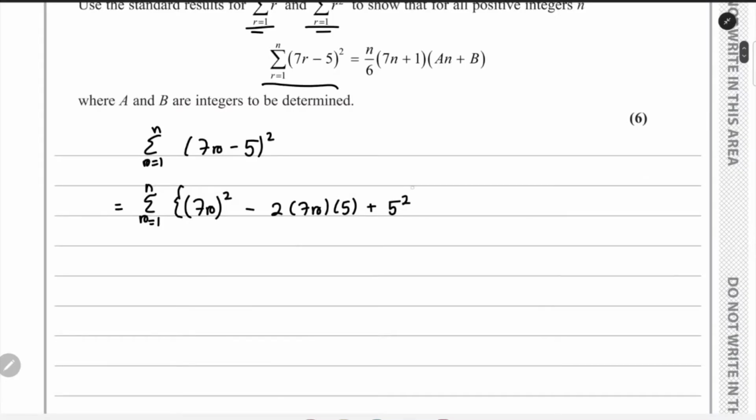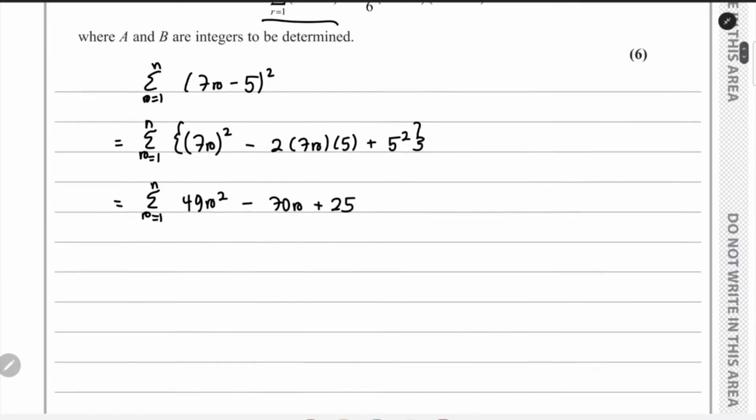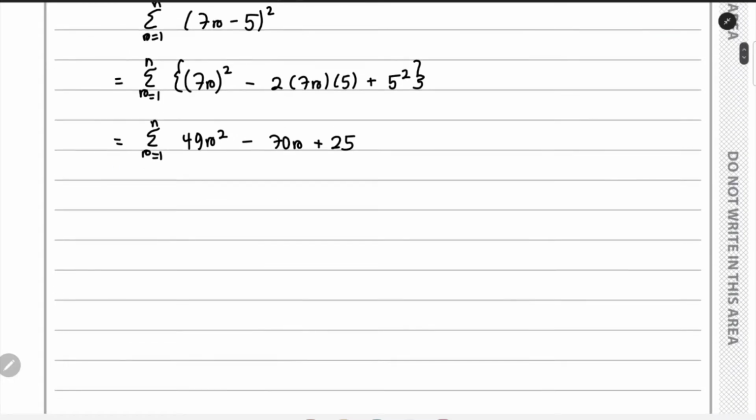So I want to find the summation of this whole thing. I'll get the summation of r equals 1 to n of 49r squared minus 70r plus 25. Now, if they're in an addition form inside a summation, I can separate them like this.